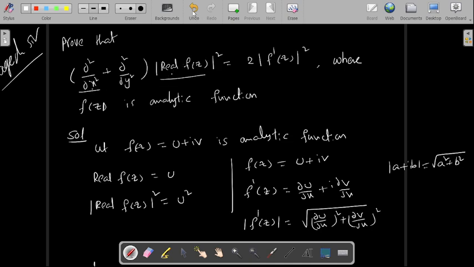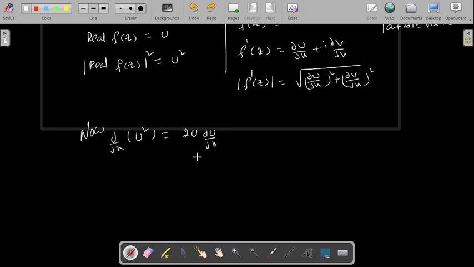So we do it two times. So one time is completed. Now ∂²/∂x² of u² is ∂/∂x of ∂/∂x of u².